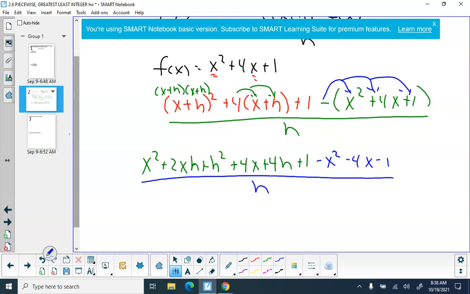All these second terms will cancel with something in the first term. The x squared will find something to cancel with here. The 4x will find something to cancel with here. And the negative 1 will find something to cancel with here.